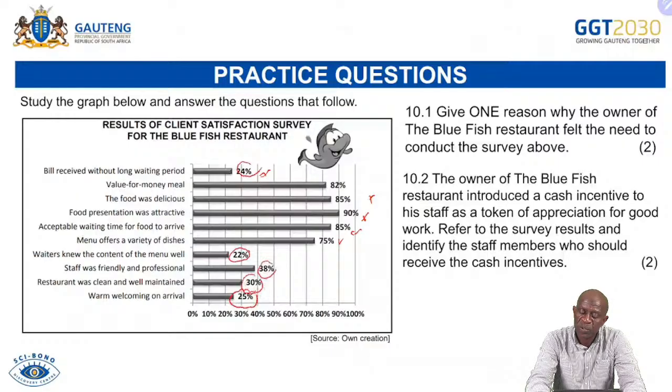Question 10.2, the owner of the Bluefish restaurant introduced a cash incentive to his staff as a token of appreciation for good work. Refer to the survey results and identify the staff members who should receive the cash incentive. Let us look at how this question was answered.